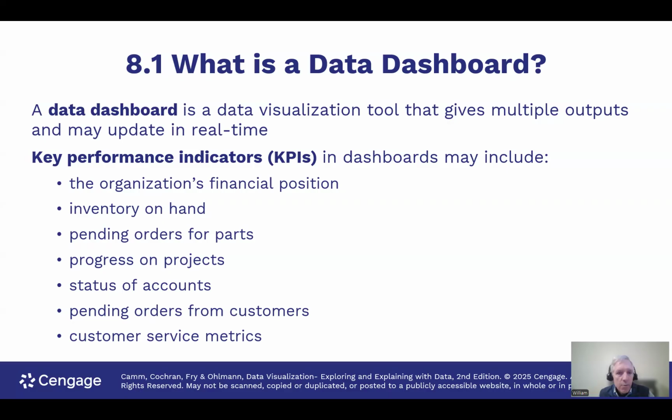So these are very operationally focused, broad operationally focused KPIs. They could indicate the pending orders for parts or the progress on projects, maybe something like the status of accounts or the pending orders from customers or customer service metrics.